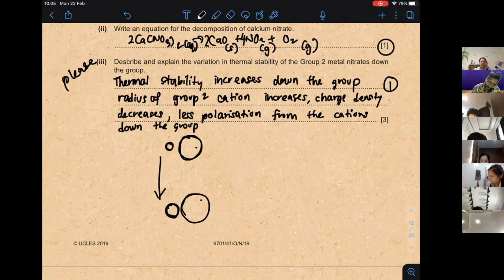So if you have less polarization, this NO3 minus is not going to be distorted. So the NO3 minus is less distorted.